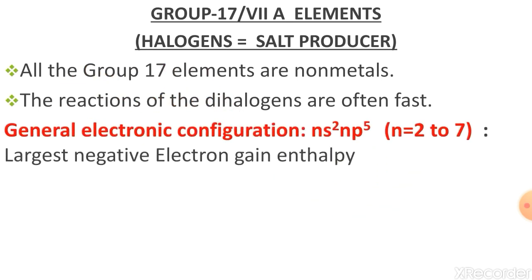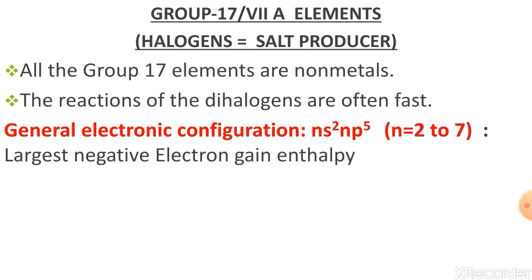Now dear students, let us focus on the general electronic configuration. Here the general electronic configuration of group 17 elements is ns2 np5. Again here n equals the number of the shell, that is from 2 to 7. Look at this configuration.